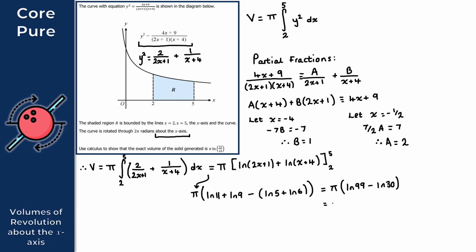I've got pi times by ln of 99 over 30. What we can do then is simplify 99 over 30 to give me 33 over 10 there. So that is equal then to pi times by ln of 33 over 10 as required. Okay, so as required there, and question complete.